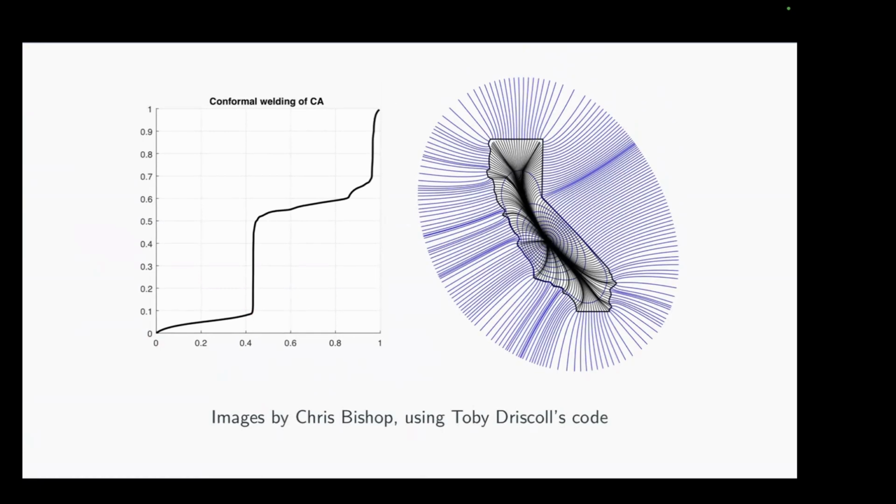The way in which Chris drew this picture is by taking an equidistributed grid and then pulling it back via this conformal mapping code. And at some point, the points that he had to interpolate from were very far apart, and that led to a big slope. Okay.